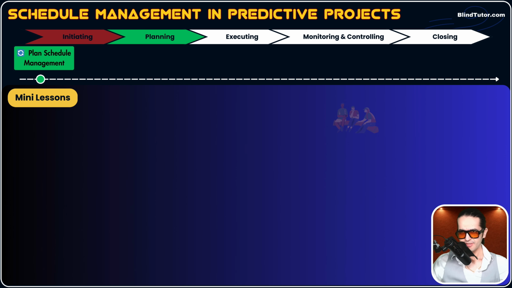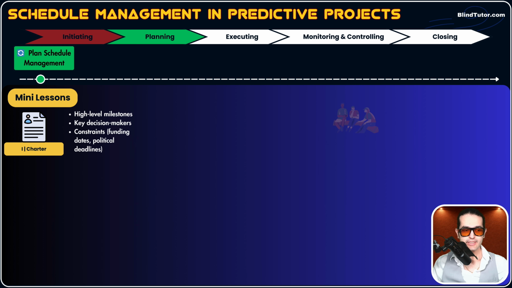All right, let's start our mini lessons of the plan schedule management process with inputs. The first input, as always, is the charter. Guys, you may be wondering, why is the charter an input to almost every process? Because the charter is one of the first documents that we create in every project, and it includes high-level, very important information like high-level goals and deliverables, high-level budget, high-level deadlines, high-level stakeholders, those decision makers, and high-level risks.